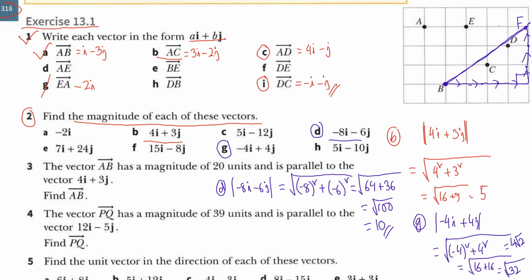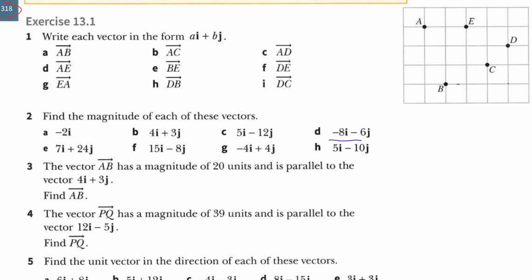Now I'm going to show you, if a parallel vector is given, how to do the questions, especially question number 3. Please read the question first. Question 3 says the vector AB has magnitude 20 units and is parallel to the vector 4i plus 3j. If any parallel vector is given, we can write the vector like this.